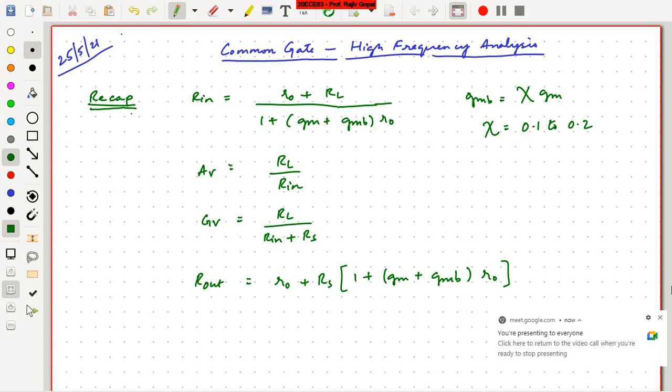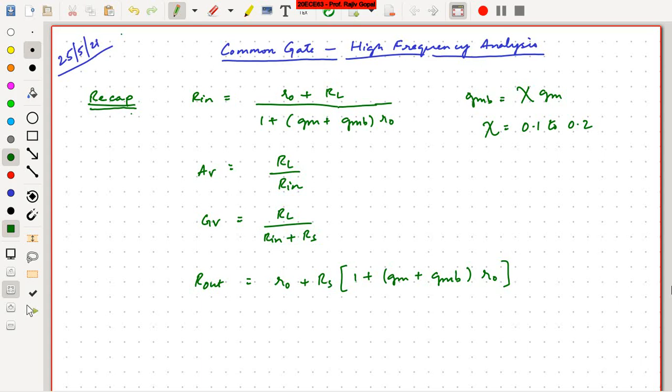If you go back to the discrete common gate amplifier which we looked at in the second module, there we got Rn as 1 by Gm. So here, if you take into account body effect, that Rn will become 1 by Gm plus GMB. All you have to do is replace Gm with Gm plus GMB, and you will be considering body effect in your analysis.